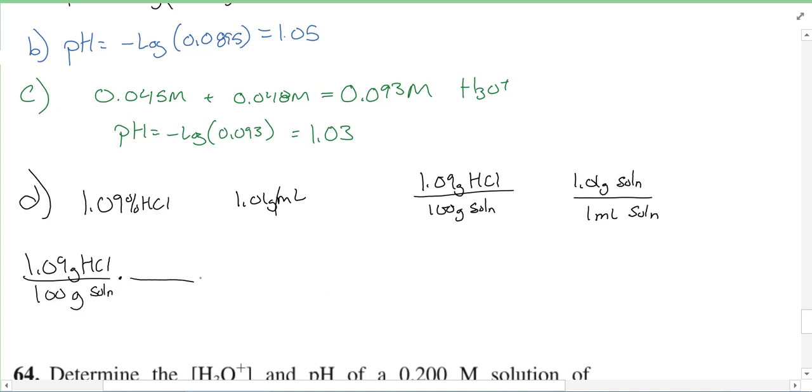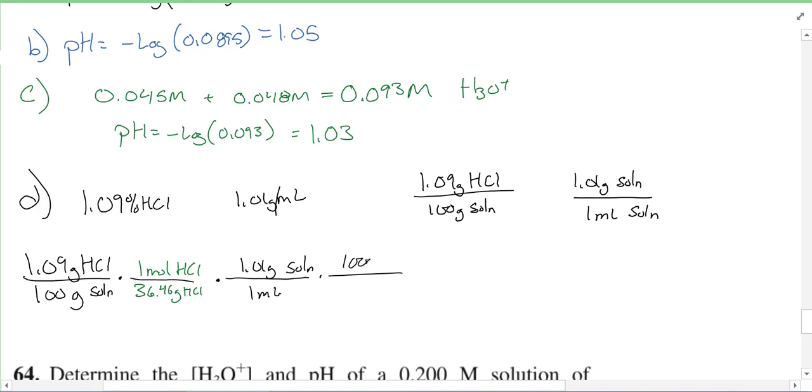We know that 36.46 grams of HCl is 1 mole HCl. So now I'm in moles of HCl, and we know density, 1.01 gram of solution is 1 milliliter.